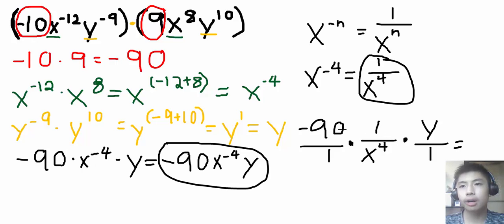We multiply the numerator first, which is negative 90 times 1 times y. That'll equal negative 90y. And then the denominator will equal 1 times x to the fourth times 1, which is x to the fourth.